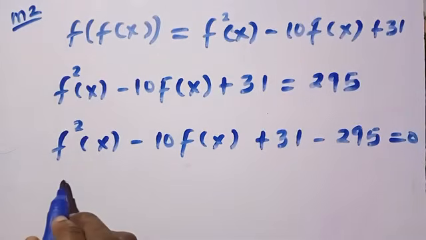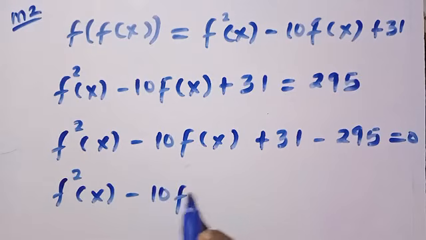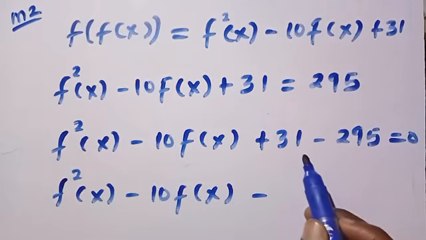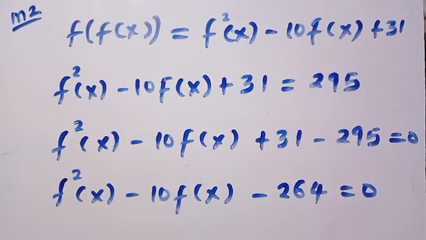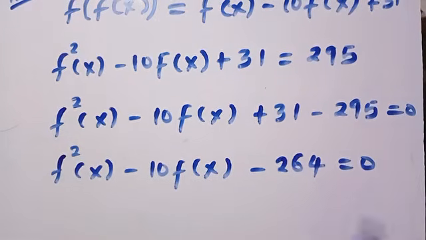Then we have f squared of x minus 10 f of x minus, so if you subtract 31 and this together, we are going to have 264 equals 0.